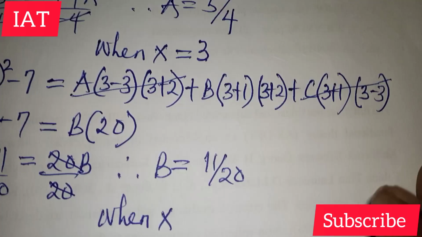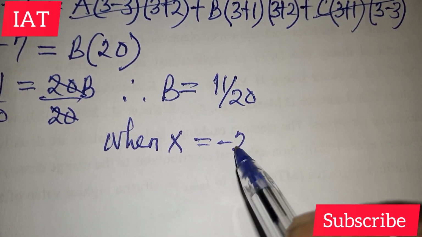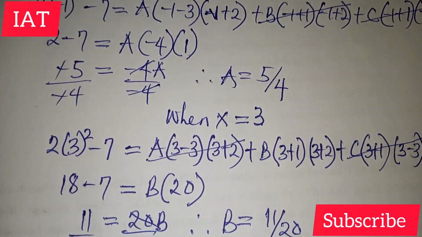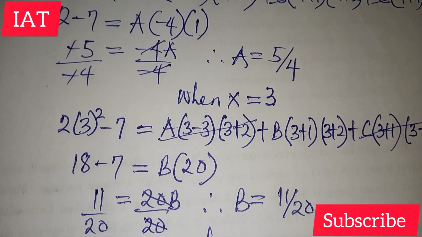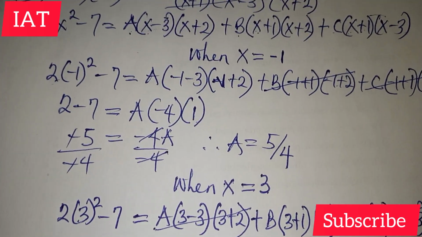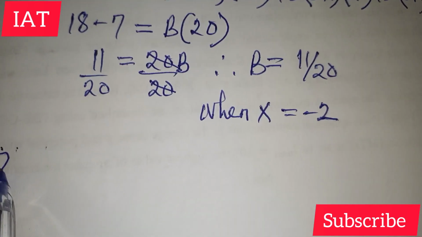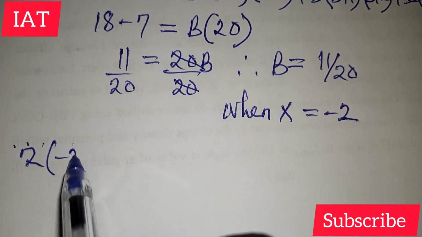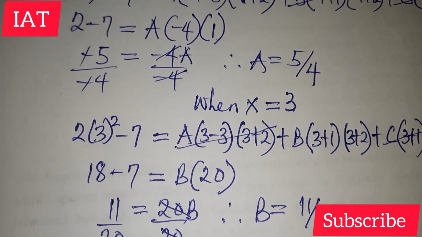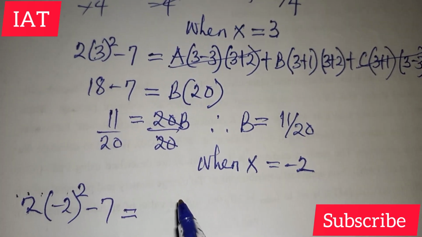So we then say when x is equal to minus 2, from that expression, we will have, anywhere we see x, we just replace it with minus 2. So we have 2 into minus 2 all squared minus 7 will be equal to, so what do we have next?